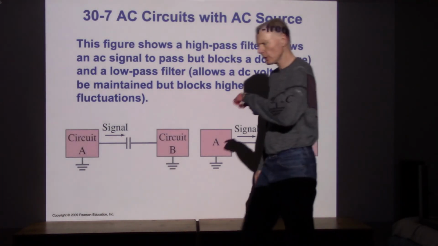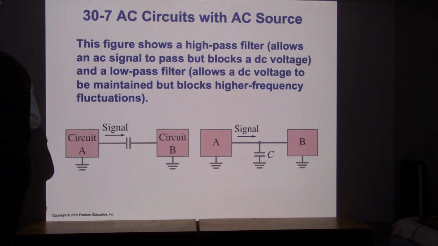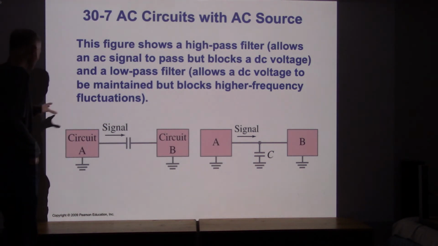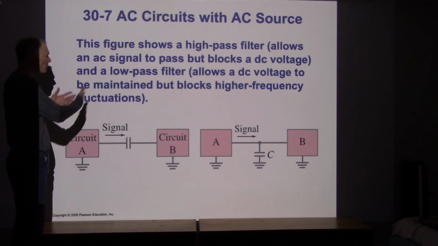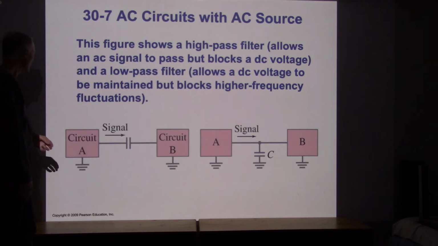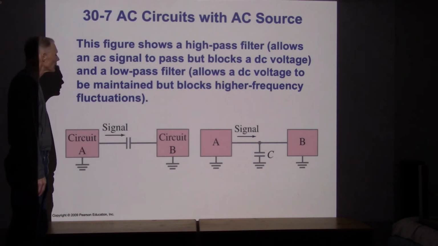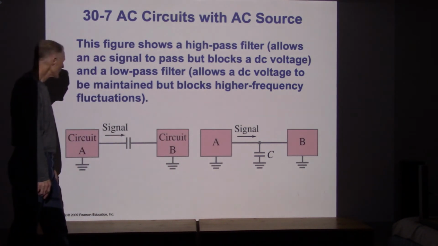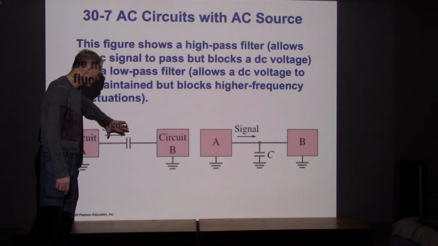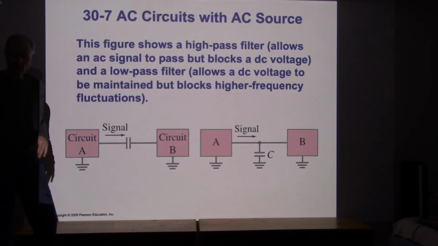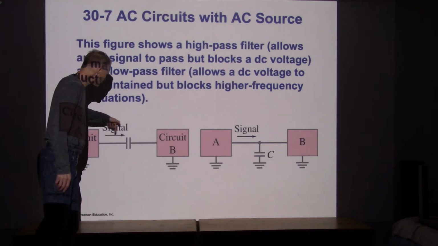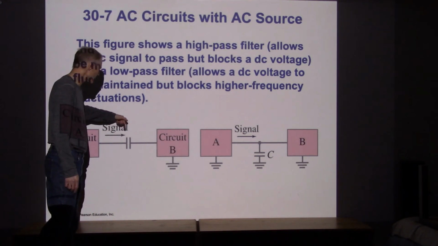And here's a circuit showing the stuff that we were just talking about. It's kind of a black box that they've given us here. But what they're saying is, okay, I've got a circuit, and a signal is being sent to another part of my circuitry. If I put a capacitor in series with what's going on in that other circuit, the high frequencies will make their way through this capacitor very easily.